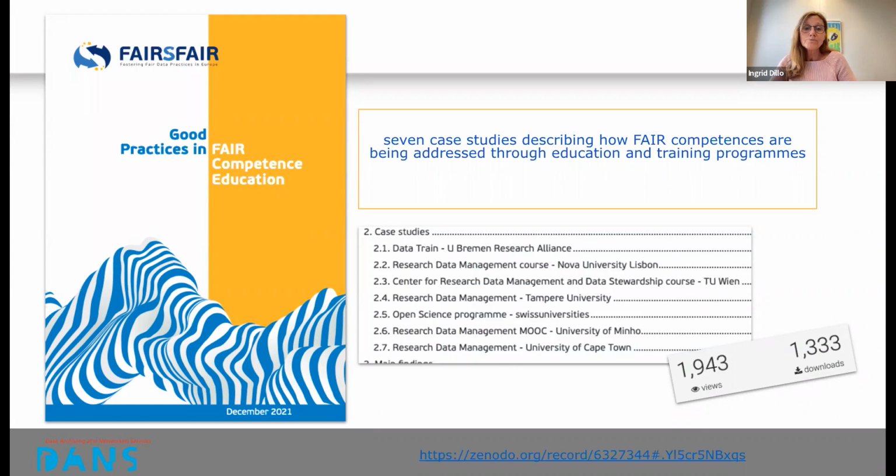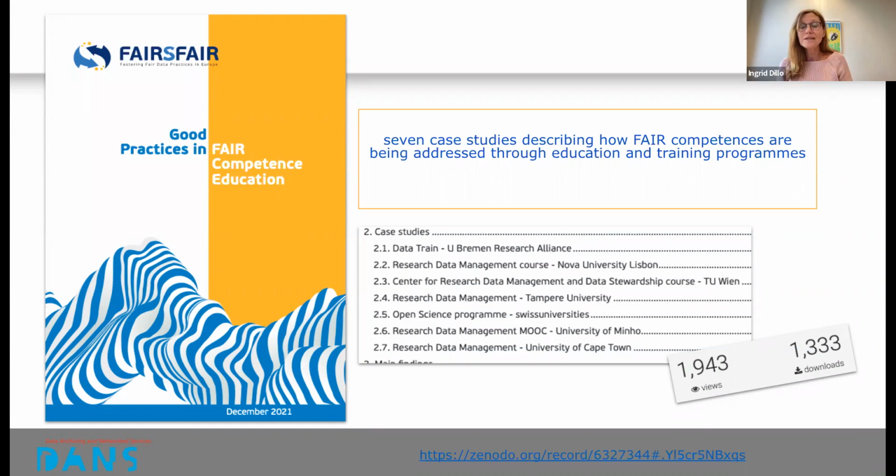The handbook itself provides support for higher education institutions to help them integrate FAIR-related content in their curricula and teaching at the different levels, so bachelor, master, and also postdoctoral, I think. This guide that we have next to that presents 7 very practical use cases, examples where institutions have already been addressing FAIR competencies in their education and training programs.